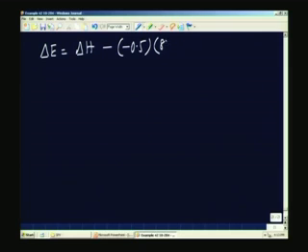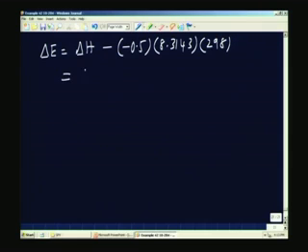So, we can say that delta E will be delta H, the change in enthalpy, minus delta n, which is minus 0.5, into R, the universal gas constant, 8.3143, into 298, the standard temperature at which we are interested in calculating.